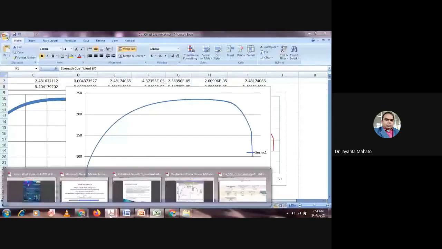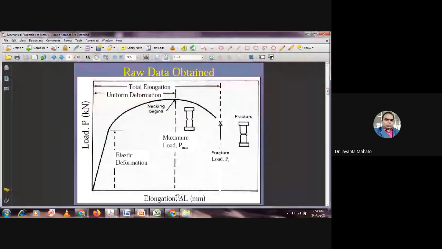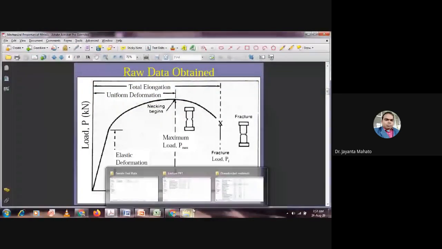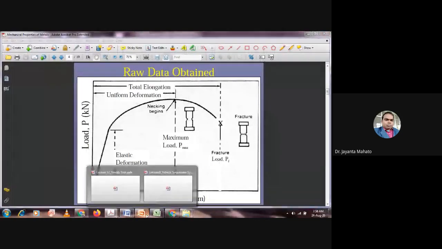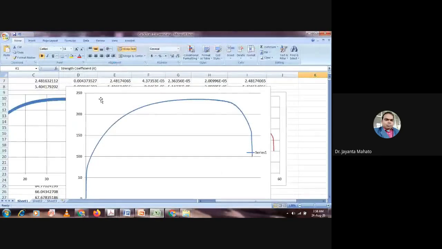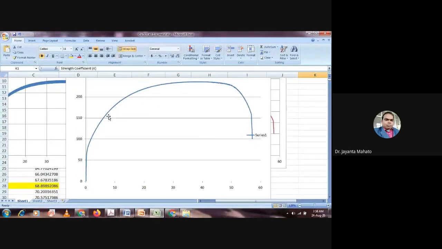Now, from raw data you can construct a stress strain curve like this.